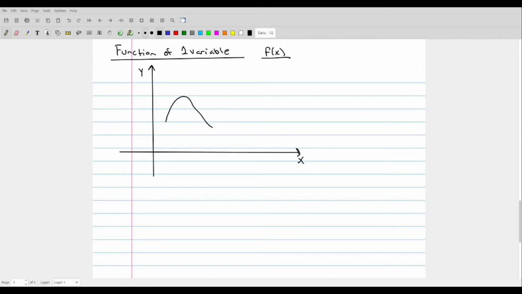You need a second dimension to plot the graph of the function.